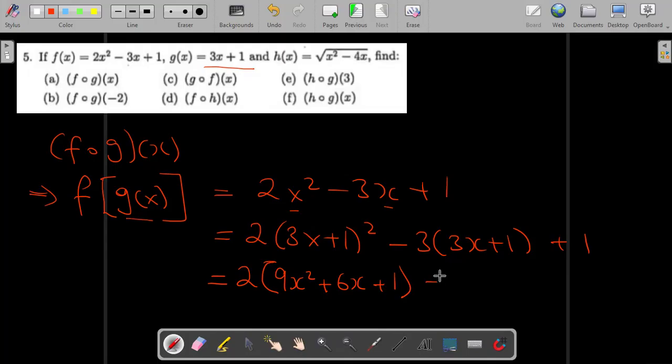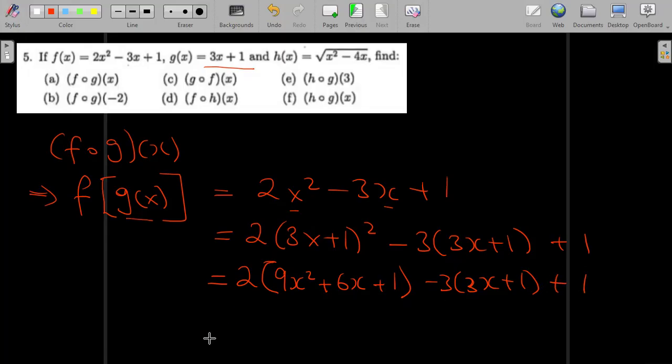Then I write again 3x plus 1, then plus 1. From there, I distribute the 2 inside, so that will be 18x squared, then 12x, then plus 2. Distributing the negative 3 gives negative 9x, then negative 3 plus 1.